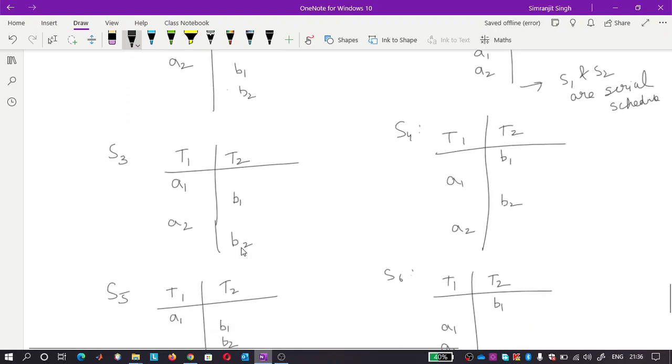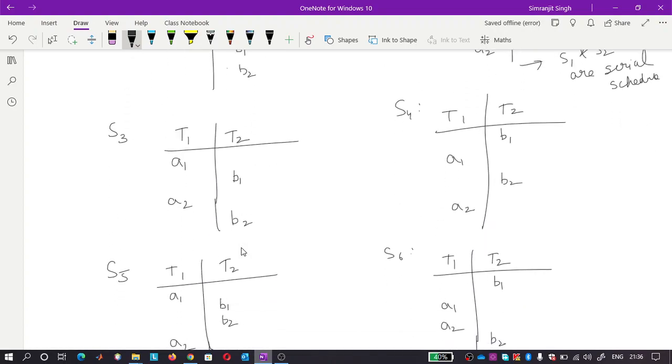Here S3 is interleaved in between, S4 is also interleaved, S5 is also interleaved, meaning that transaction T1 is not completed and you go towards transaction T2. Similarly this happens here. So S3, S4, S5, and S6 are non-serial schedules.